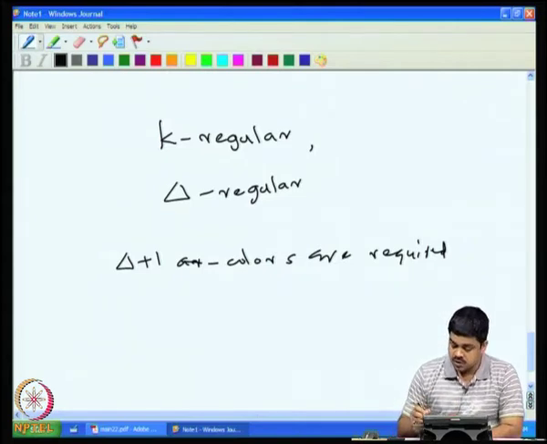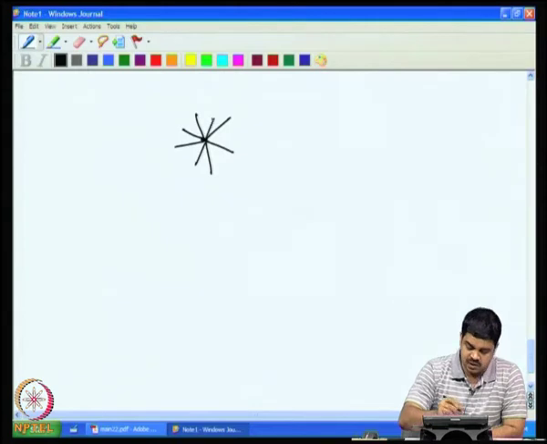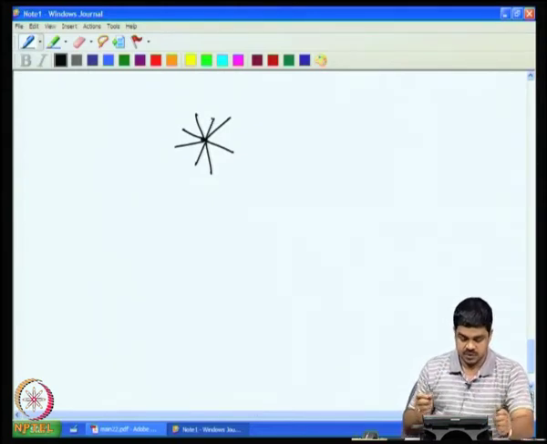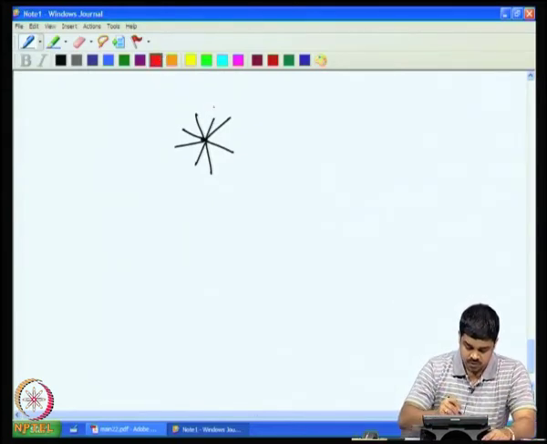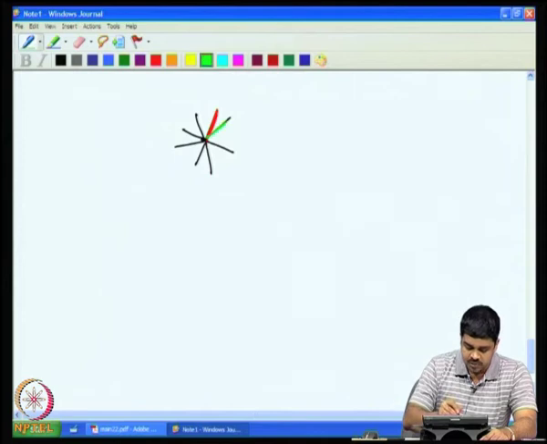Why is it so? You just start from one vertex, with degree k. If you are using only delta colors, then all the colors should be present here.